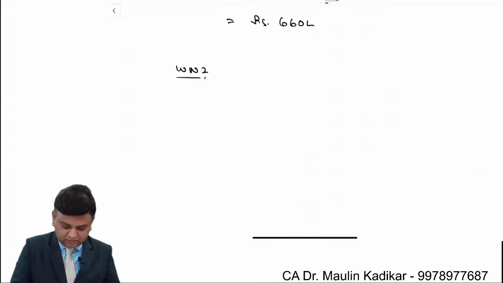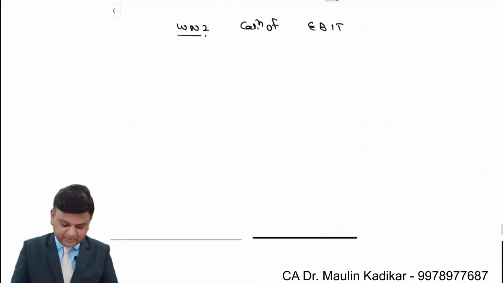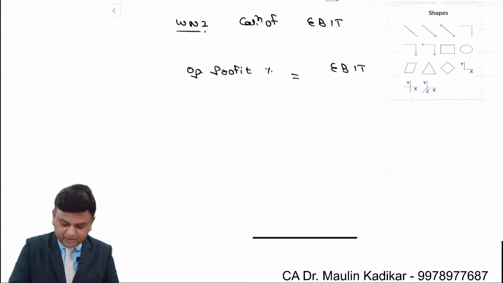Working note number 2. Calculation of operating income. Let us see how to make the calculation of operating income. We understand that the operating profit in percentage term is EBIT upon sales into 100.